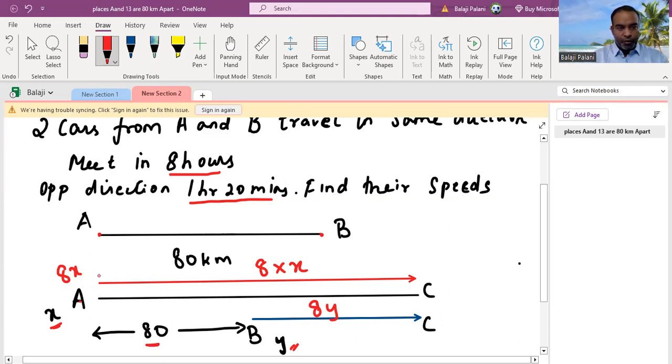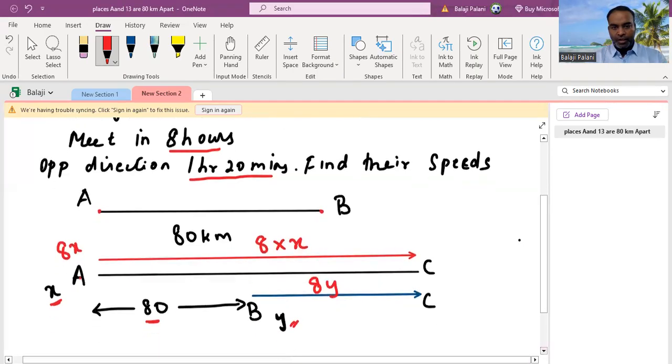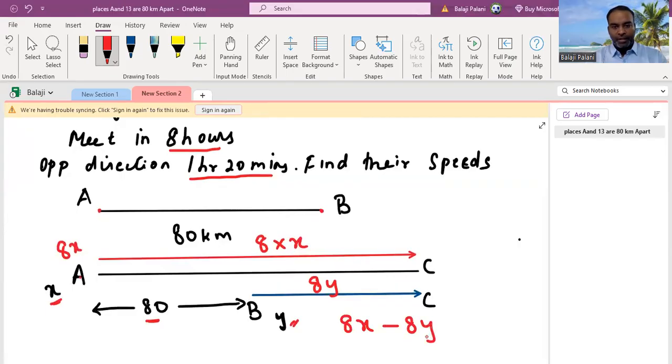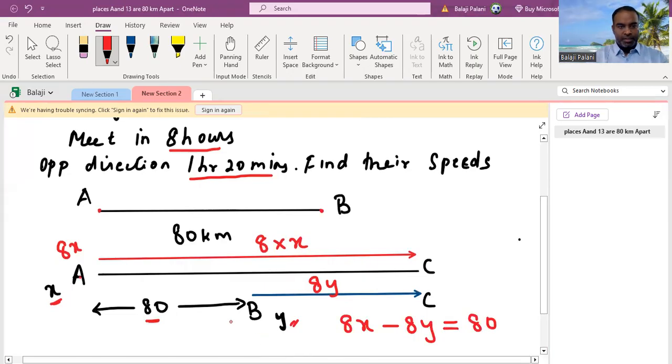So if you subtract the distance traveled by B from the distance traveled by A, you get the distance between A and B. So the first equation will be 8x, the distance traveled by A, minus 8y, the distance traveled by B, is nothing but the distance between A and B. You can see that from the diagram. AC minus BC gives you AB.